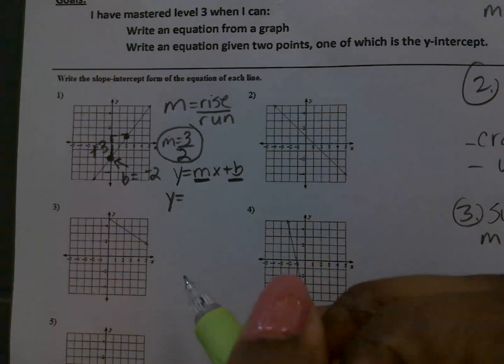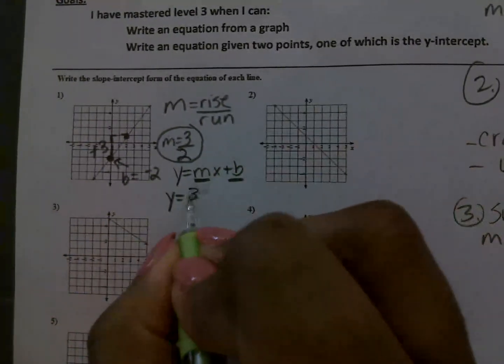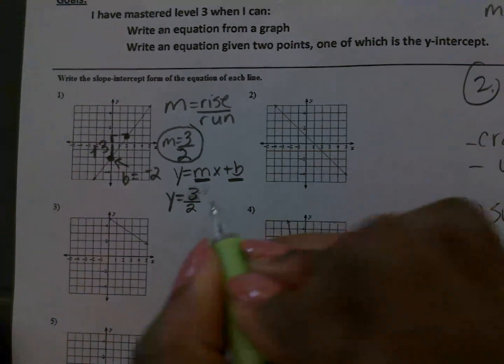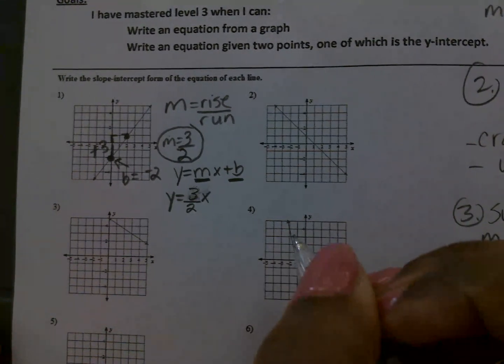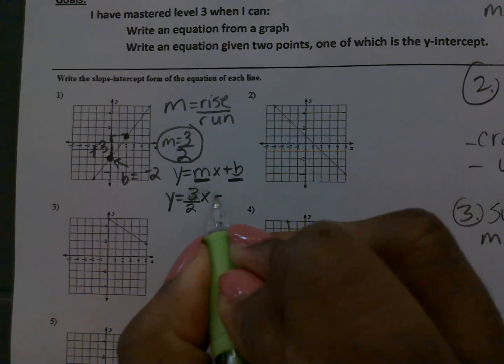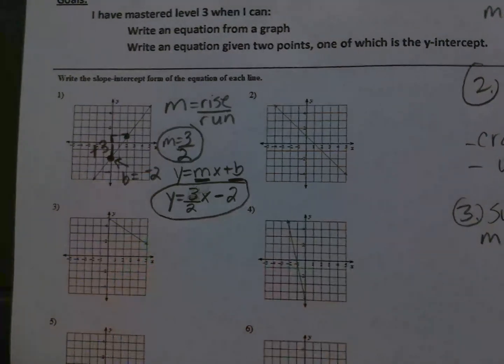What's m? 3 over 2. And what goes beside the slope? X. And what's b? -2. So instead of putting plus, I can just put -2. And this is my equation.